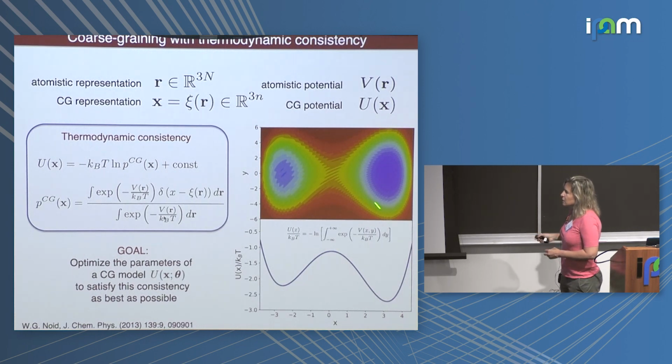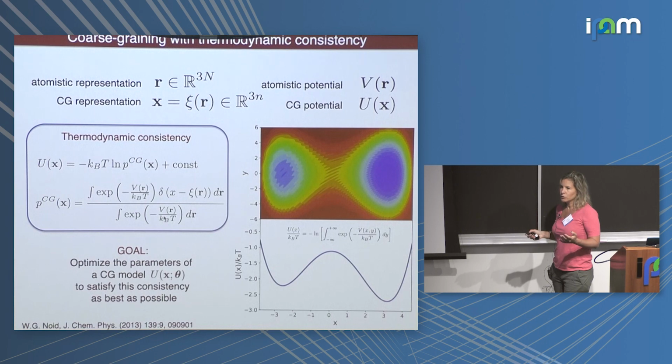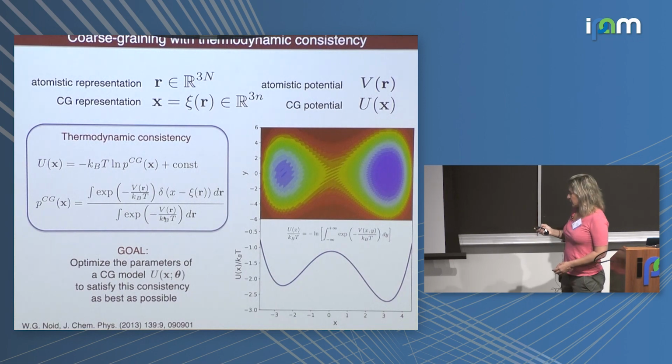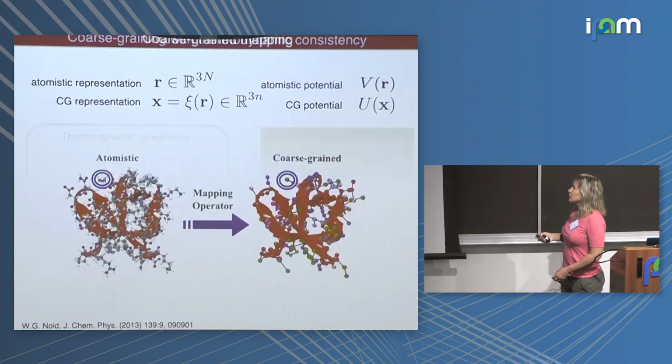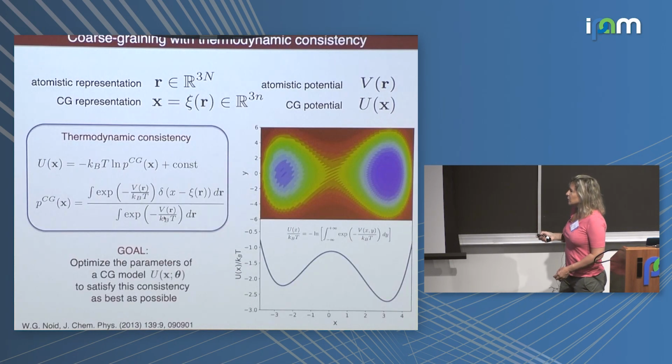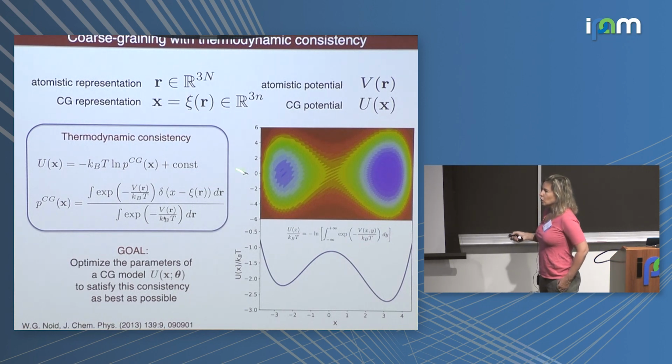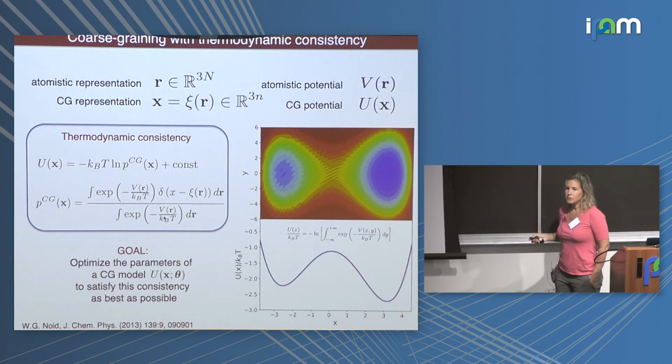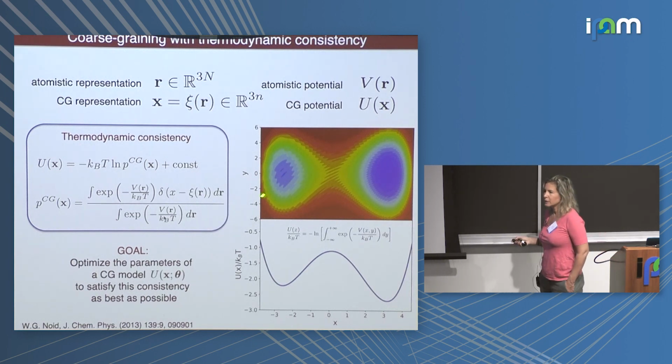We want to do this instead from millions or thousands of degrees of freedom into a handful. Because we know what we want, it's just that we don't know the functional form, this is a good case for machine learning, and in particular for neural networks.